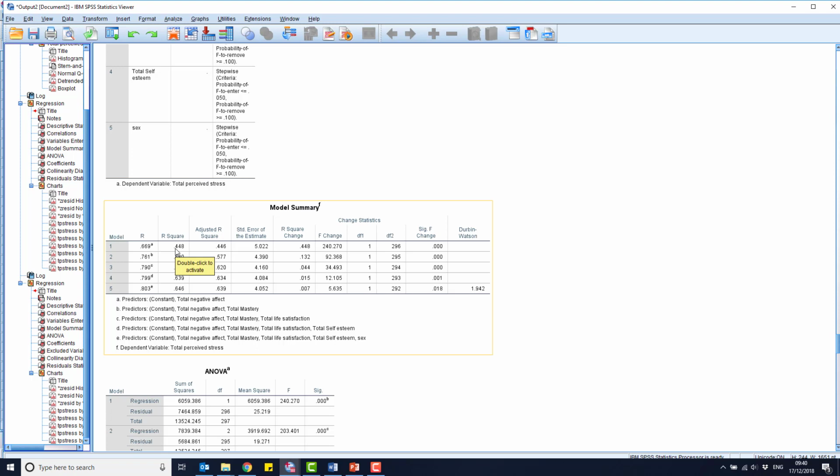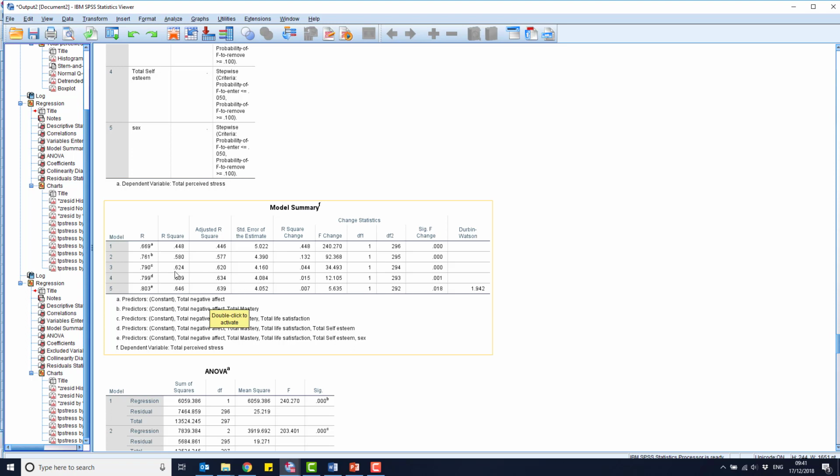What we can see here is that the first model was able to account for 45% of the variance in scores on perceived stress, and that first model included the constant and total negative effect. We know from the original regression that this was the strongest predictor, and that's why SPSS chose it and entered it first. The next model adds total mastery and now accounts for 58% of the variance in perceived stress.